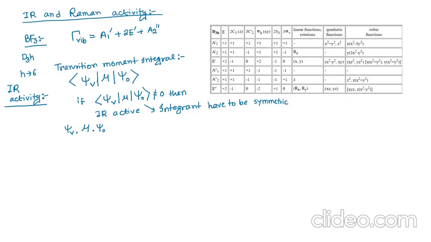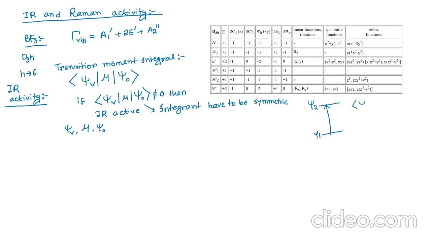Suppose there are two states. We'll just briefly discuss this. We are now considering the upward transition, this is psi 1, psi 2.